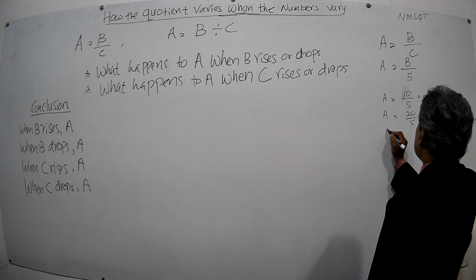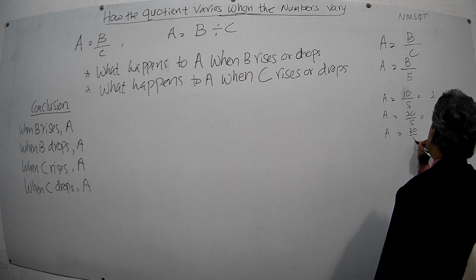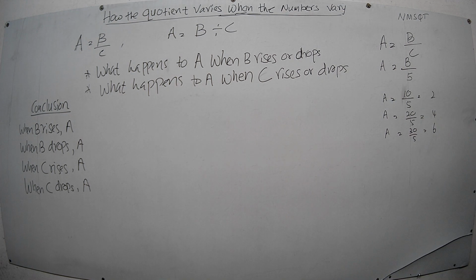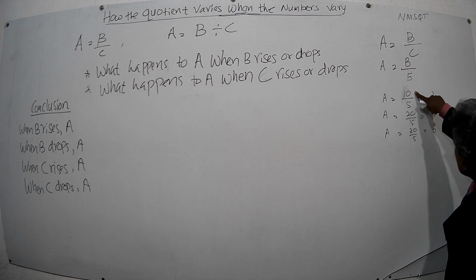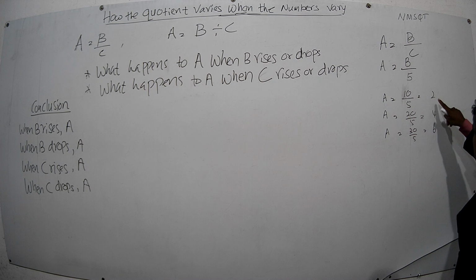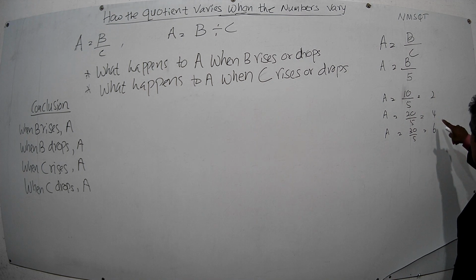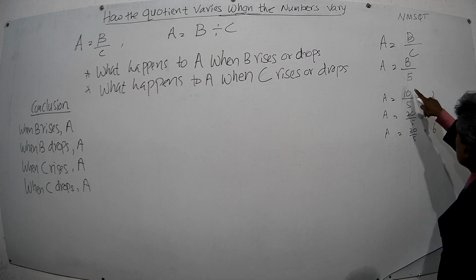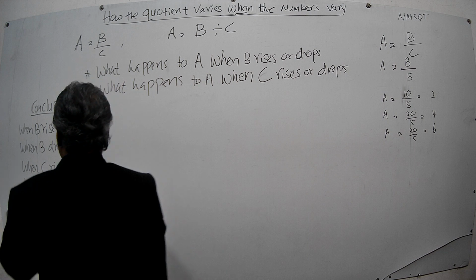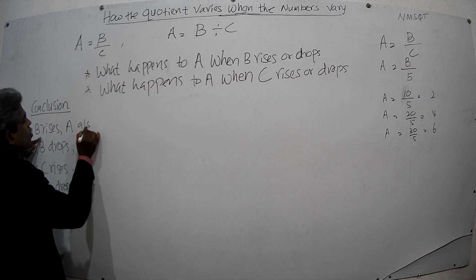Then I take another B value, 30. 30 divided by 5 is 6. See, now what has happened? When I continue to increase B by 10 each time, the quotient A also increased. It increased from 2 to 6 when I increased the B value from 10 to 30. So what is the conclusion? When B rises, A also rises.